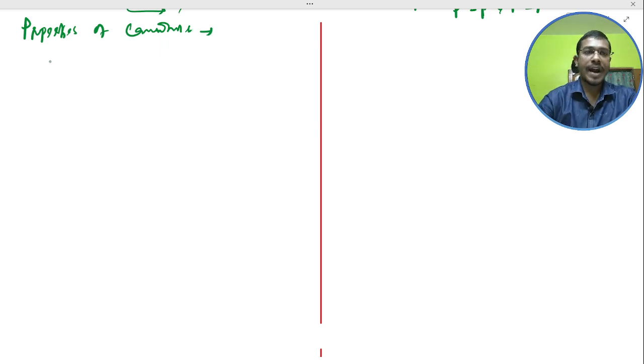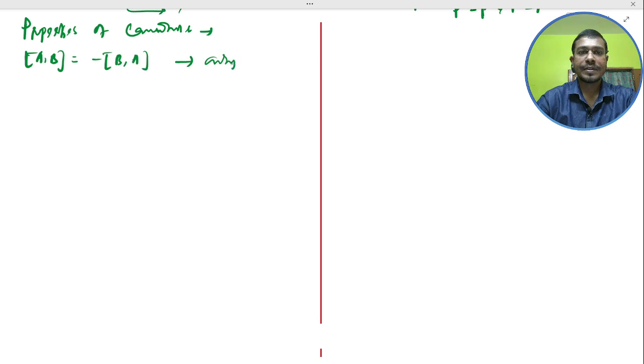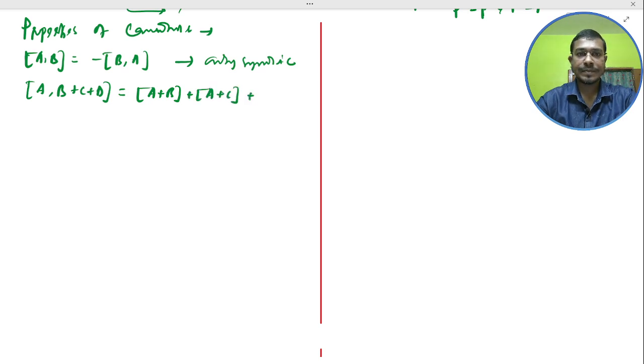First one, antisymmetric: the commutator of A and B is equal to minus the commutator of B and A. Next, the commutator of A with B plus C plus D is equal to the commutator of A with B, plus A with C, plus A with D. This is the linearity.